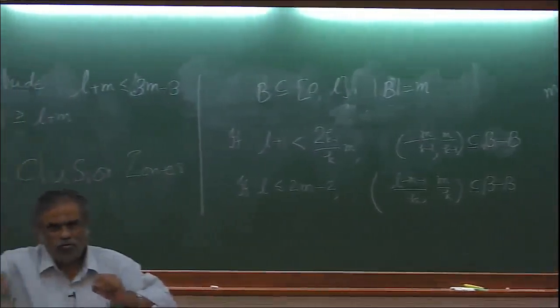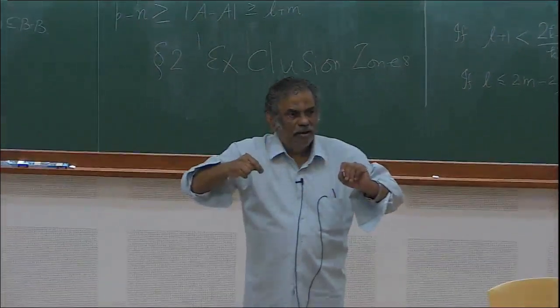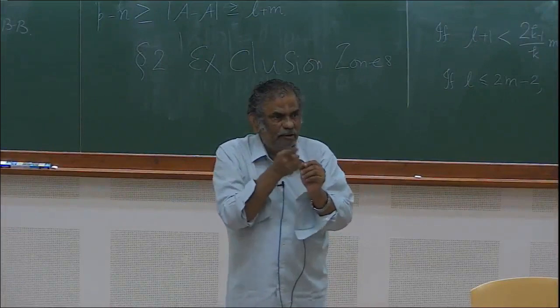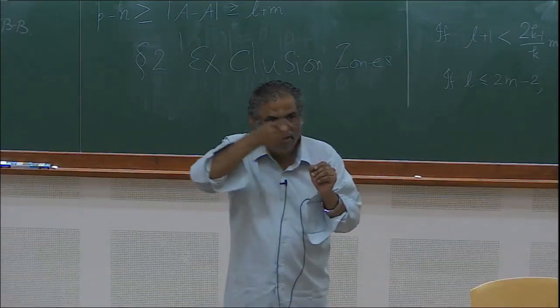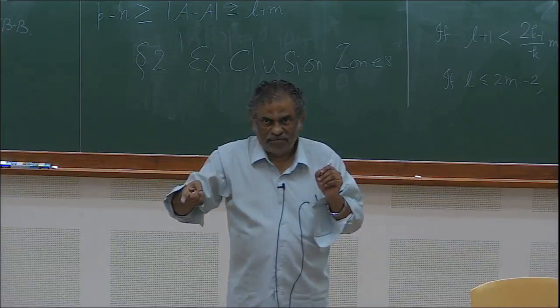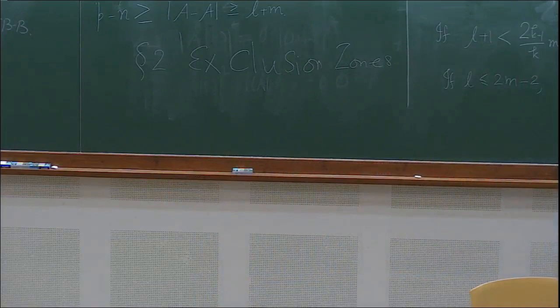Since it excludes one more element, therefore the density of A is expected to be less than half. Because every element of A actually excludes one more element of A, and therefore the density is expected to be half. Okay? But what may happen is theoretically the following.